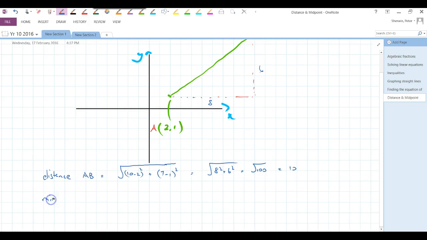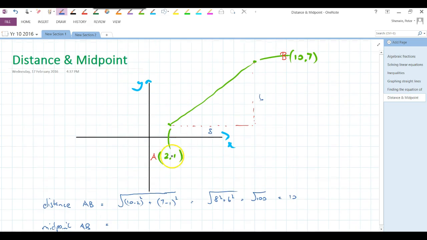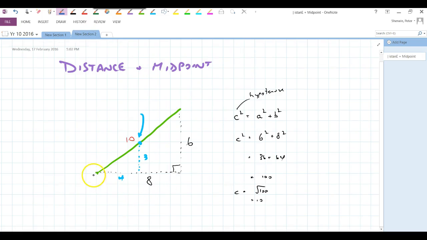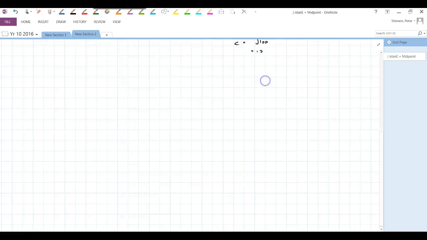The midpoint AB will be halfway between the 2 and the 10 on the x-coordinate, so it's going to be 2 plus 10 divided by 2. That's how we find halfway between 2 points. Let's find halfway between 2 points on the number line.